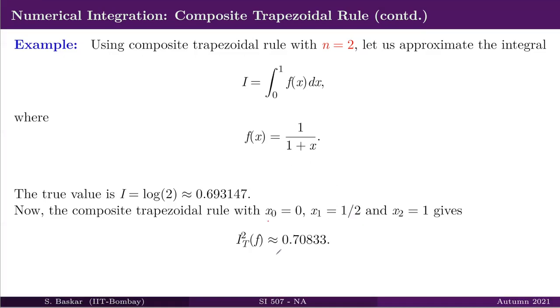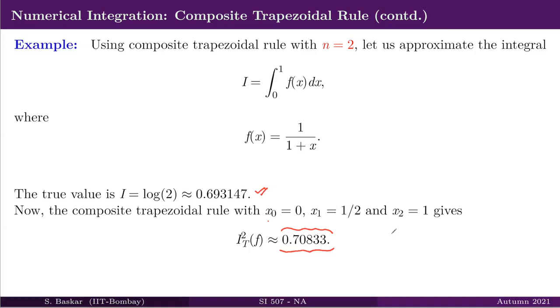You can just substitute all the relevant values in the formula that we have derived in the previous slide. You can see that the value of the integral as per the composite trapezoidal rule with n equal to 2 is given by this number. You can see that this is a far better approximation to our exact value than what we got with the trapezoidal rule in the previous example.